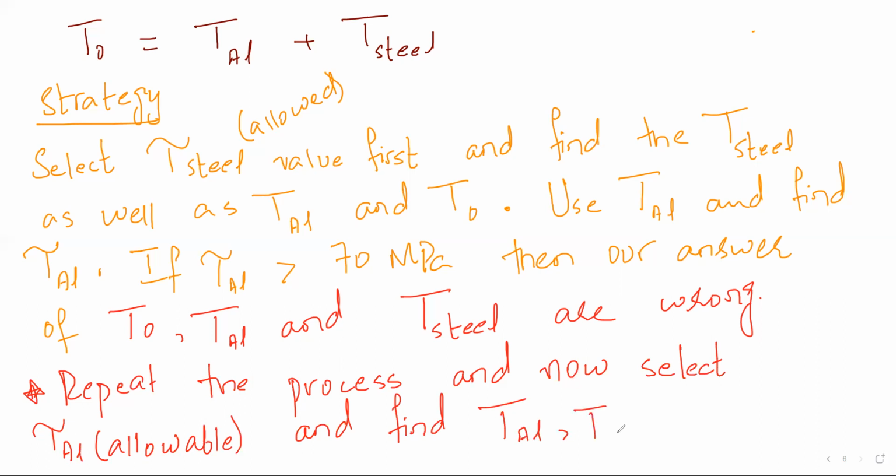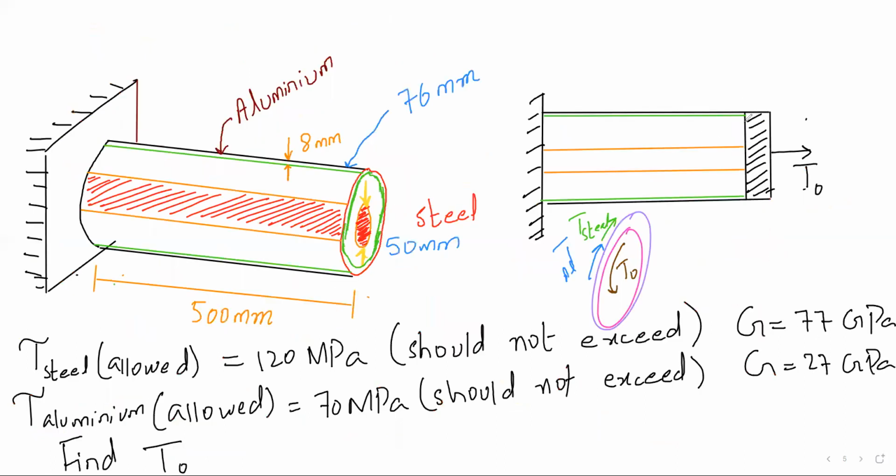T steel and T naught. We said that T naught equals T aluminum plus T steel. Why did we say it? They have same torque, no. I will tell you why I said that. The torque that you're applying is being taken by both the aluminum, that thin layer of 8 millimeter thick, and this 50 millimeter fellow.